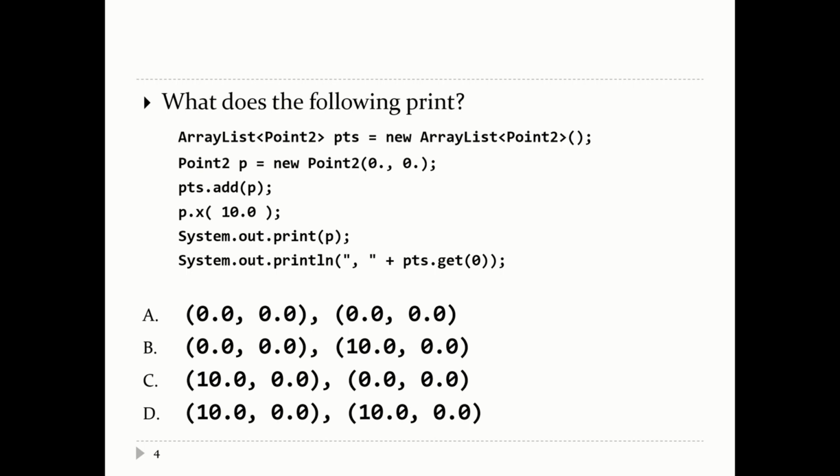It turns out it's the point 10, 0. So you actually get D in this case. Why do you get 10, 0? Because when you add P to that list, you add a reference to the point. So if you change P, then as far as the list is concerned, the first point in the list also changes, because it also refers to the point P.